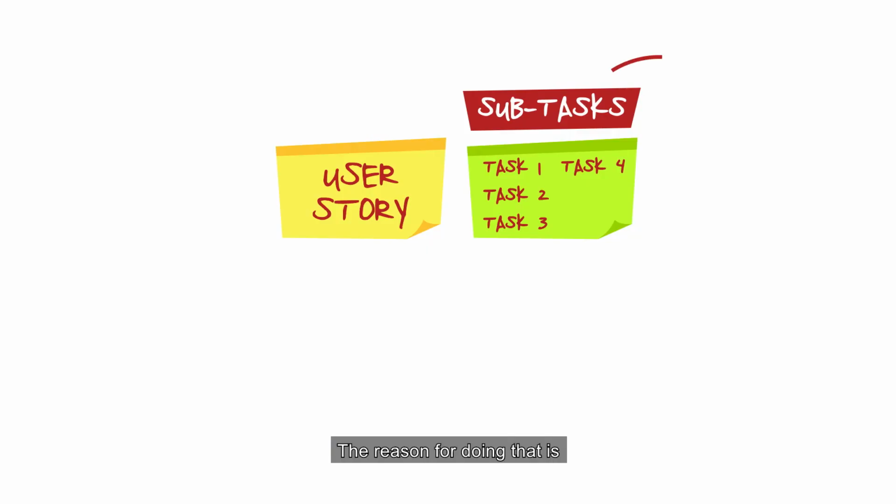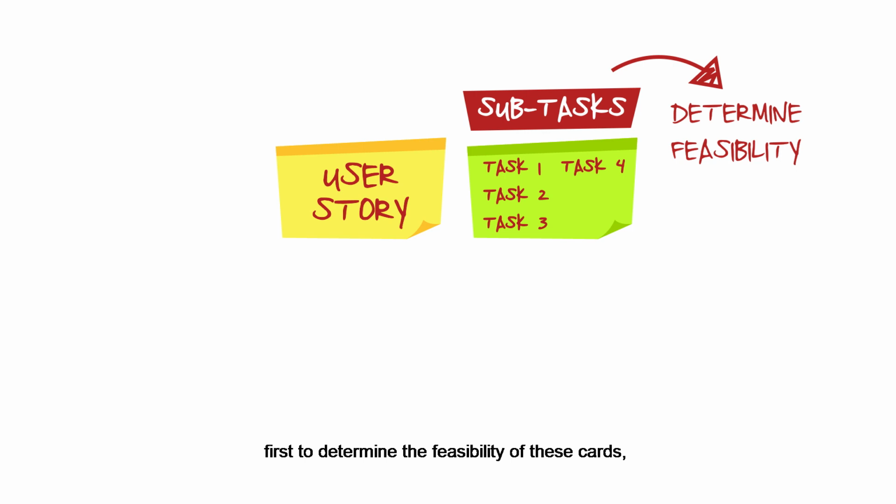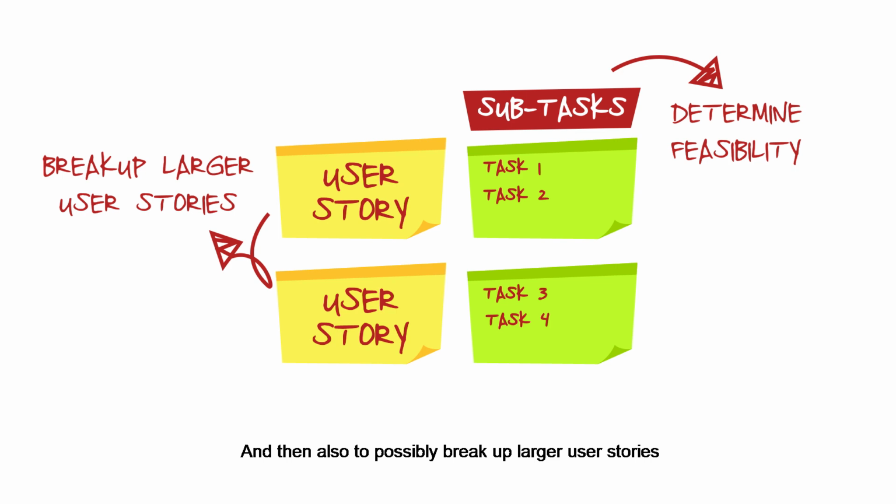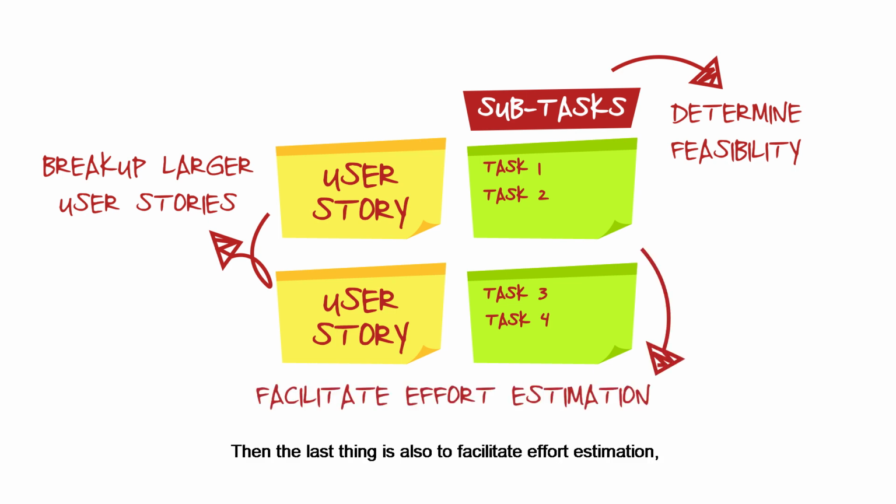So the reason for doing that is first to determine the feasibility of these cards based on the detailed development tasks that's supposed to be done from the developer's perspective, and then also to possibly break up larger user stories in case they are too big for a day of development. Then the last thing is also to facilitate effort estimation, because once you have all the subtasks created, then you have a better sense of how much needs to be done for each one of the user stories.